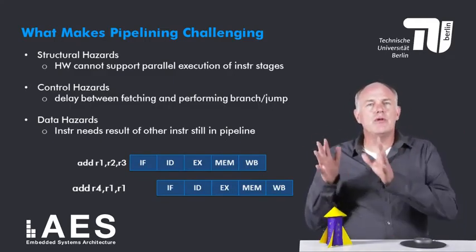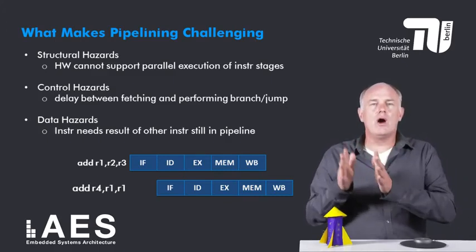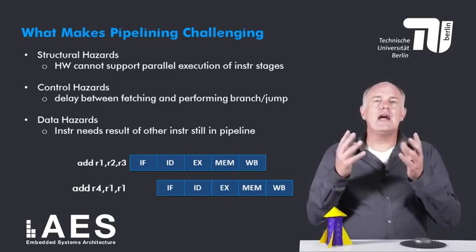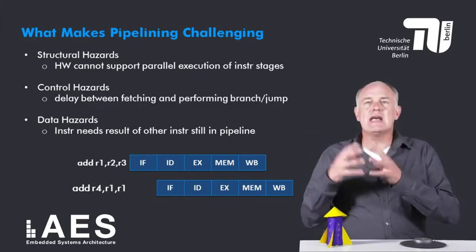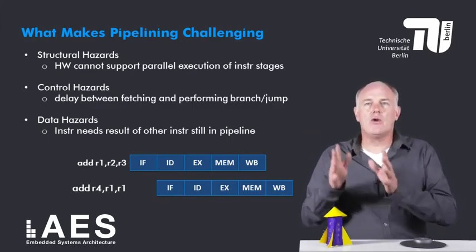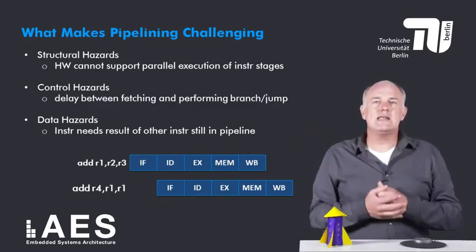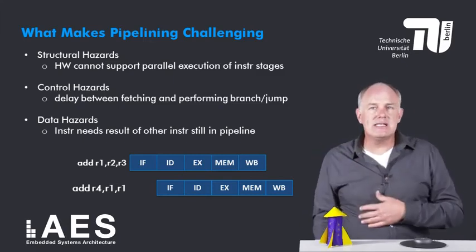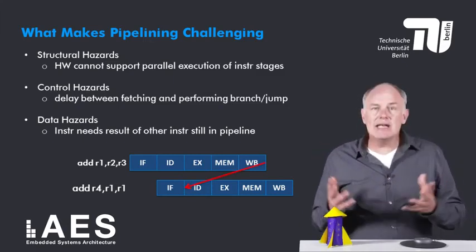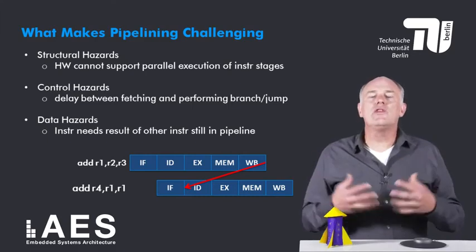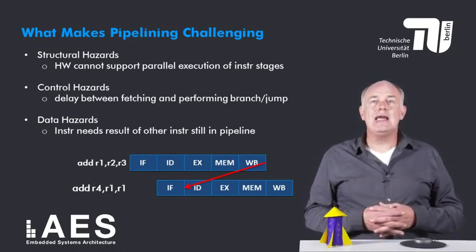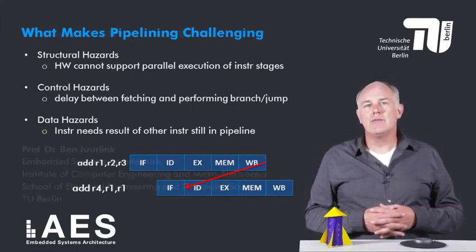In this example, the first instruction, add R1, R2, R3, writes register R1, and the second instruction, add R4, R1, R1, reads it. As the processor is designed now, the second instruction will read old data for R1. Clearly, we have to fix this.